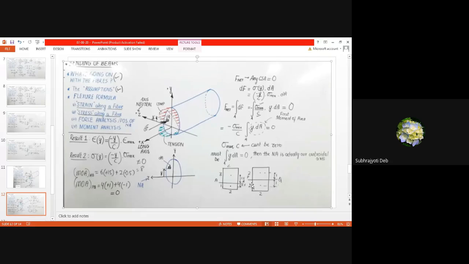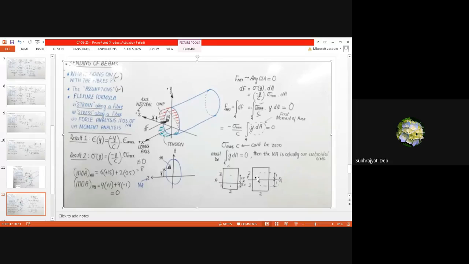So now consider this section. Above it is 2 meters and below it is 2. The middle part we are taking as the section. The width is 2. So what will be the moment of area about this axis PQ?